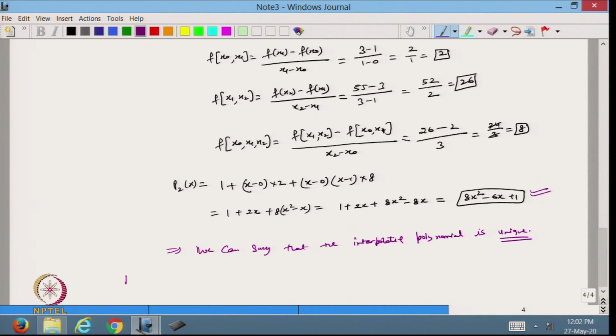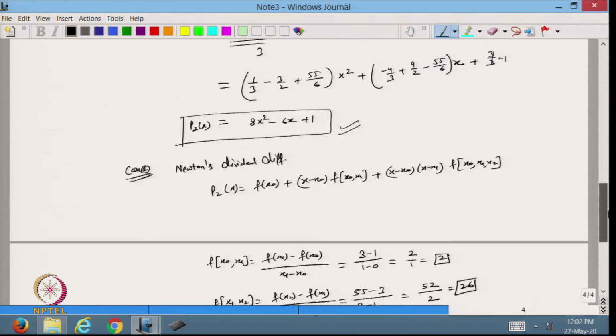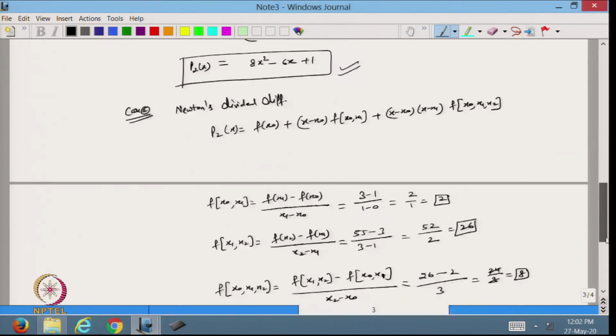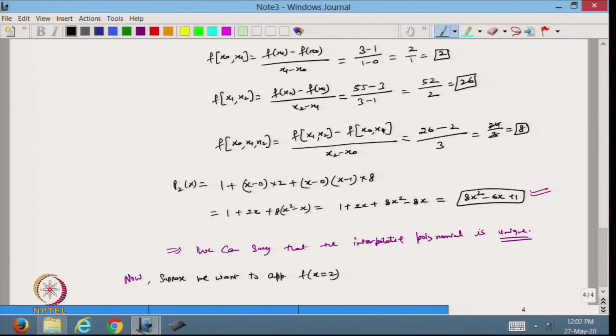Now suppose we want to approximate the value of the function at x equal to 2. In this case there is no need to rewrite anything.